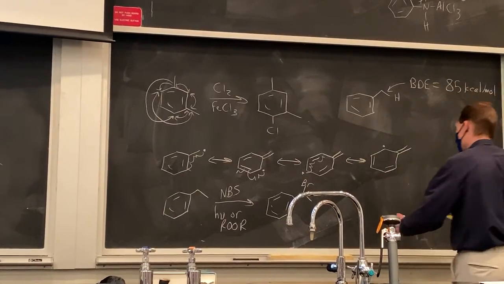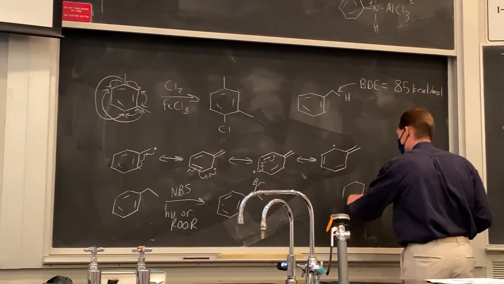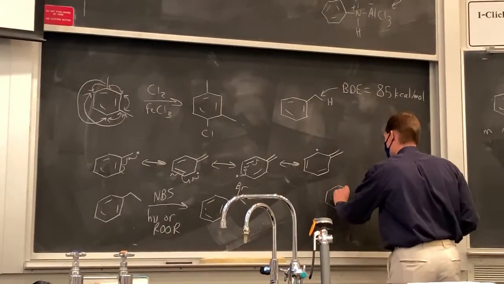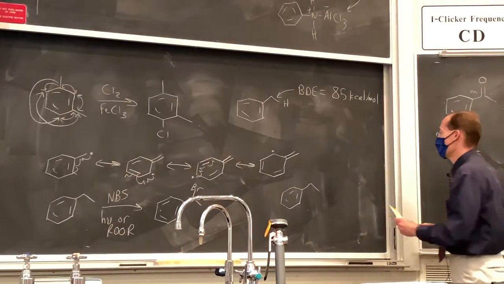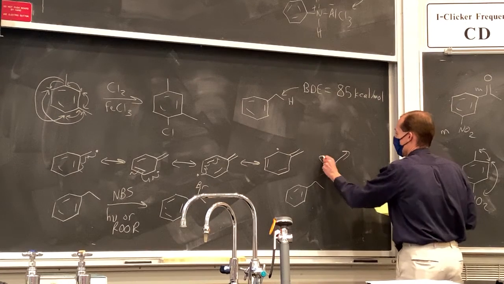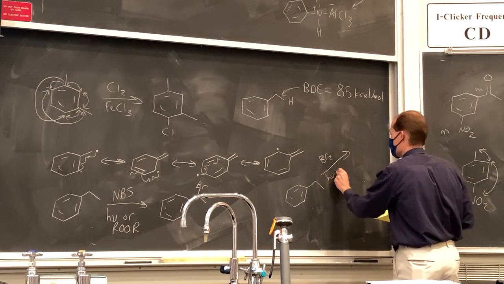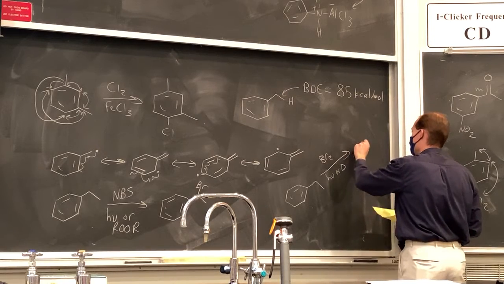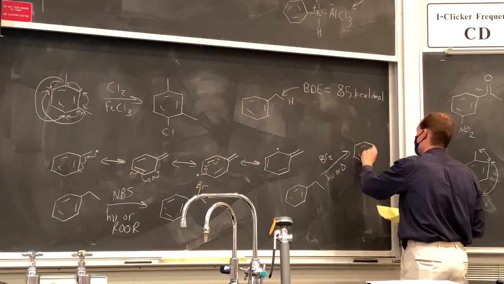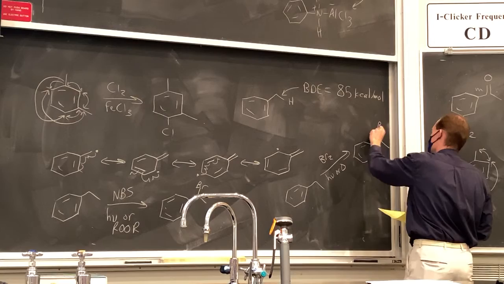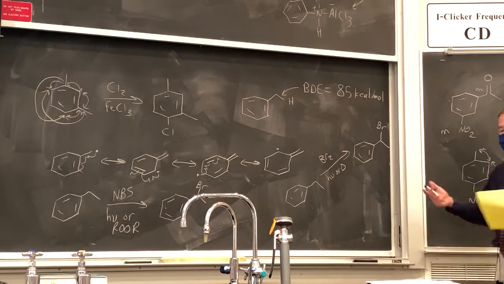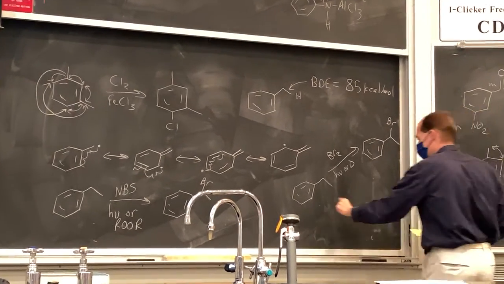So with benzene, or alkyl benzenes, I should say, we are able to use either N-bromosuccinimide, or we can just use bromine Br2 in the presence of light or heat. And that will give us our benzylic brominated product.